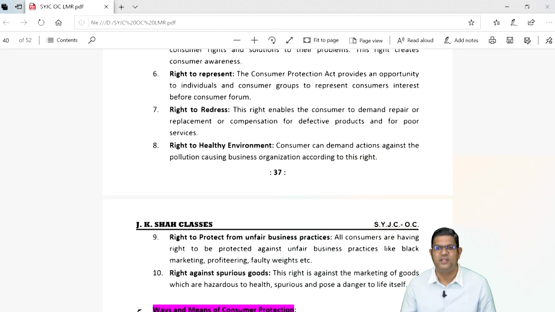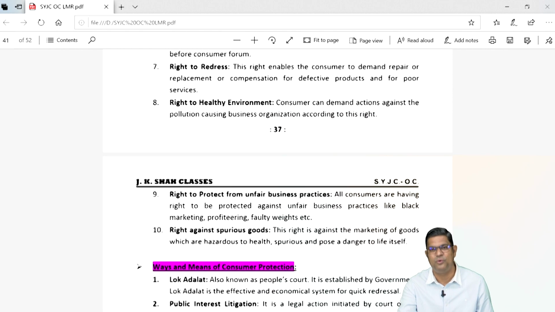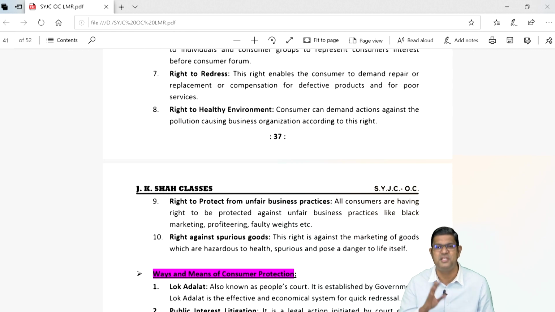And last but not the least is called the right against spurious goods. Now spurious goods का मतलब होता है duplicate goods. There are many products available in the market which are not the original one. Original product तो अच्छा होता ही है लेकिन उसको imitate करके duplicate product बनाया जाता है जो of course सस्ते में मिलता है but उसका quality भी अच्छा होता नहीं है. अब quality अच्छा ना होना is fine but if that product becomes dangerous then that's a problem.